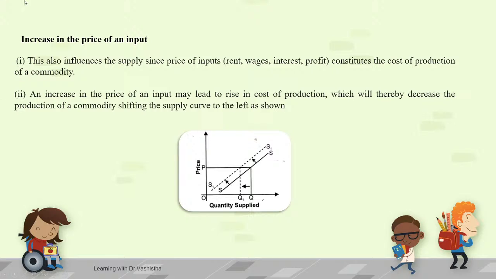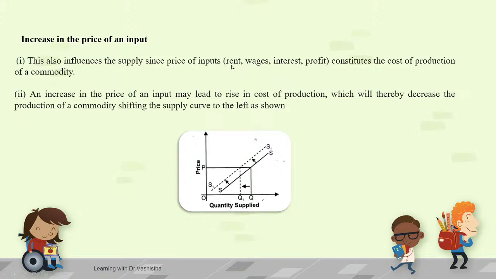Third condition is what happens when there is an increase in the price of an input. The price of inputs is also a part of the cost of production. This influences supply because prices of inputs are like rent and wages that we pay.